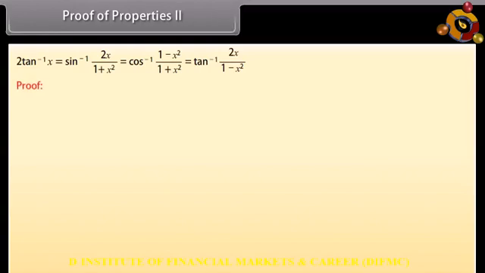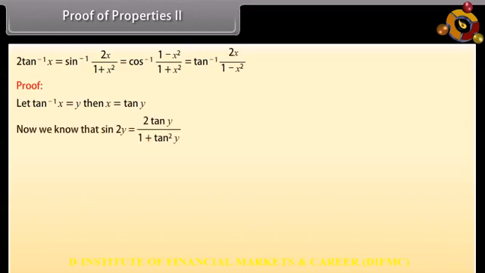Proof. Let tan inverse x be equal to y, then x is equal to tan y. Now, we know that sin 2y is equal to 2 tan y by 1 plus tan square y. It implies that 2y is equal to sin inverse of 2 tan y by 1 plus tan square y.